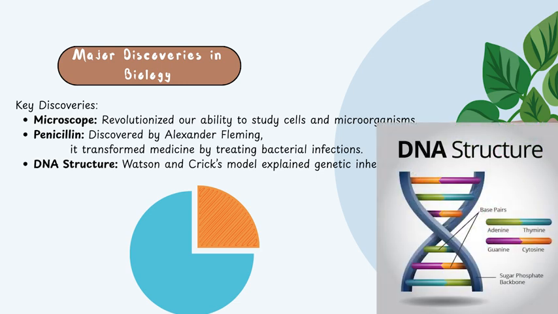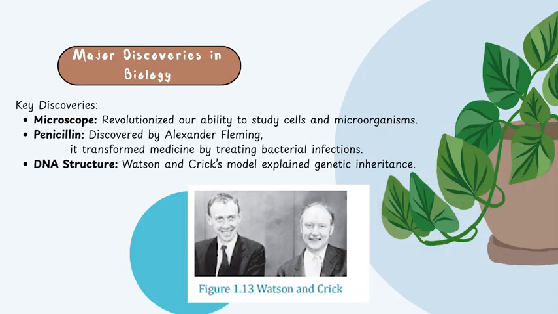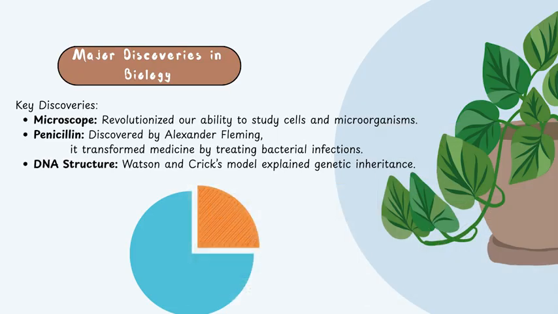The third one, the structure of DNA, discovered by Watson and Crick, revealed how genetic information is passed from one generation to the next. Each of these discoveries had a huge impact, not only on science, but also on our health, environment, and daily lives.